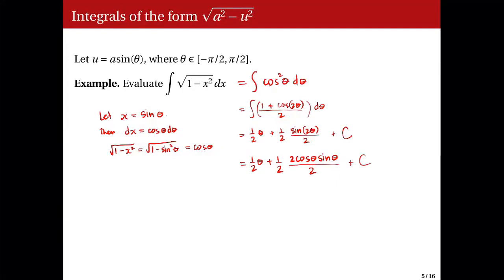And rewriting this further, we will have theta over 2 plus cosine theta sine theta over 2, and then plus c. So now, how do we bring back the x?